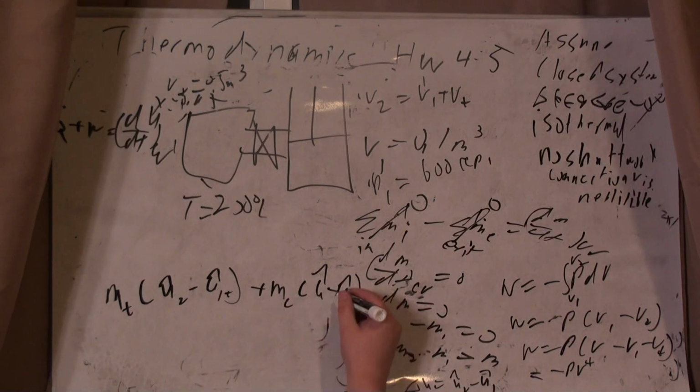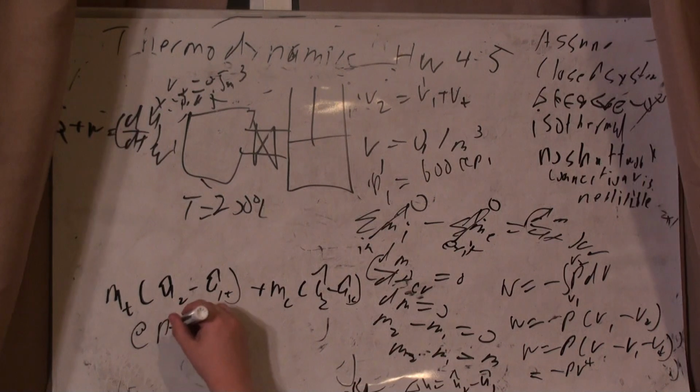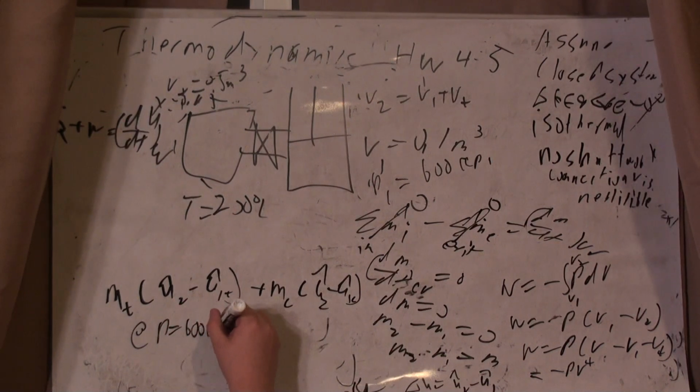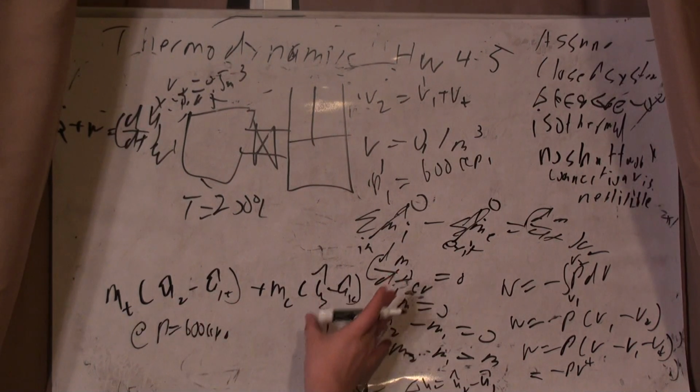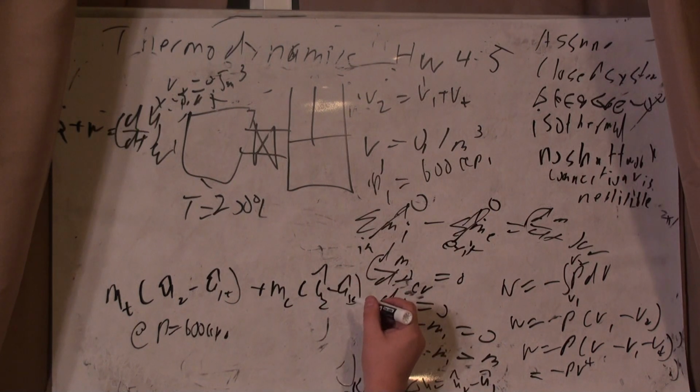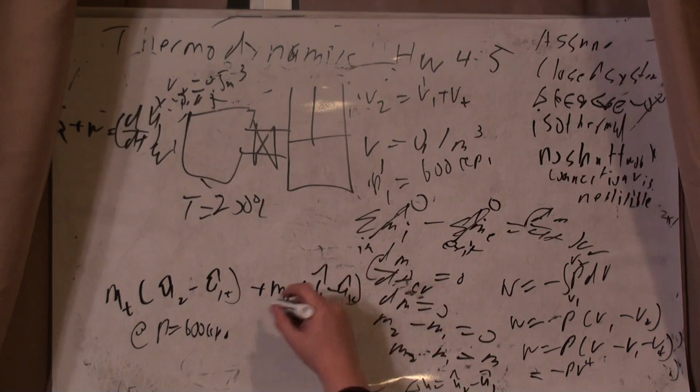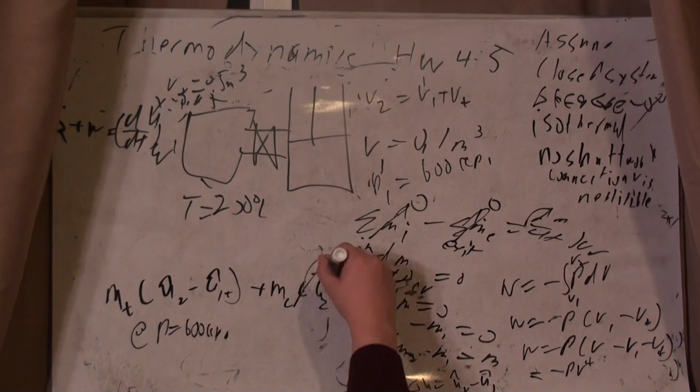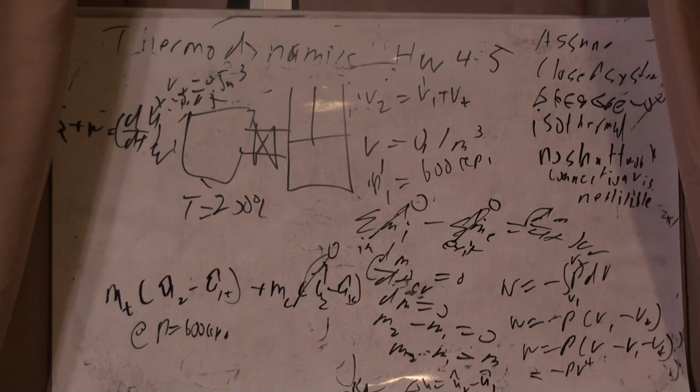The U2s are the same because that's at P equals 600 kPa. Really, the cylinder term is 0 because the mass, the pressure and the temperature are the same. So this one is 0. It's the tank term that's really the change.